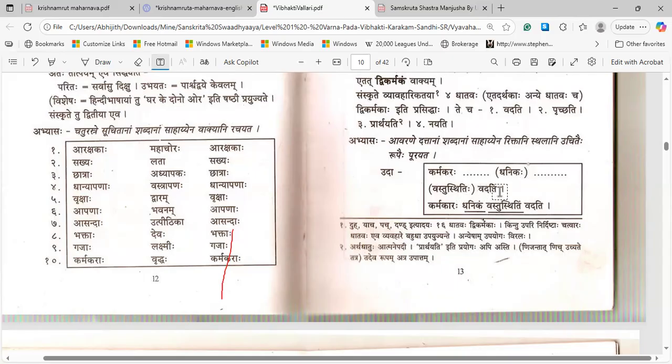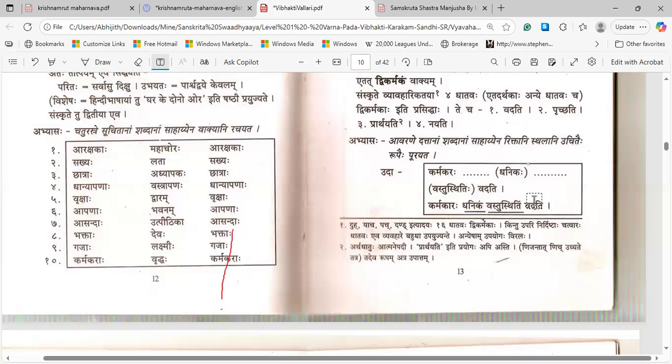The karma kara is the servant, maid servant, or a helper. Dhanikam means to the dhanika, or to his master, or to a rich person. Vastusthiti means the reality, whatever is happening. Vastusthitim vadati, telling, not told, because it is present tense.